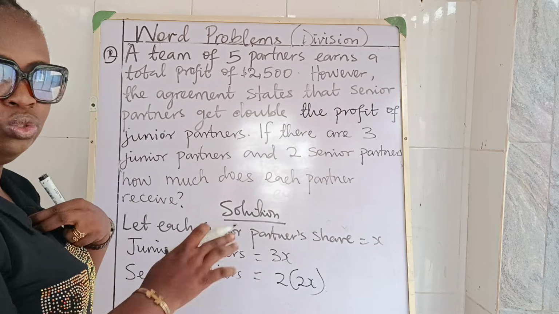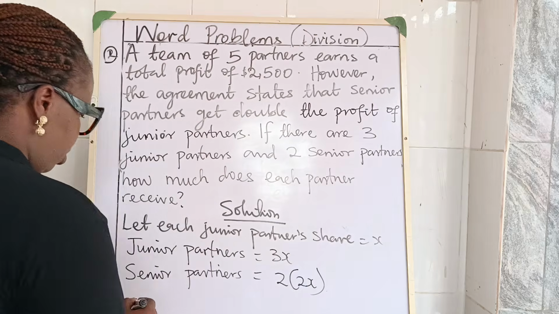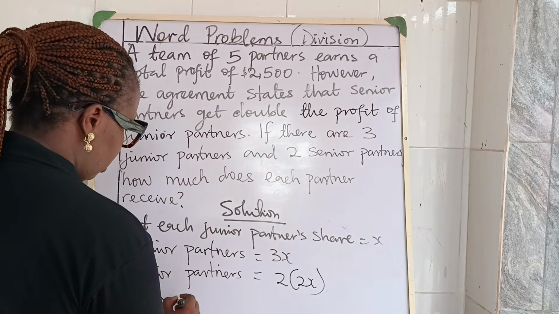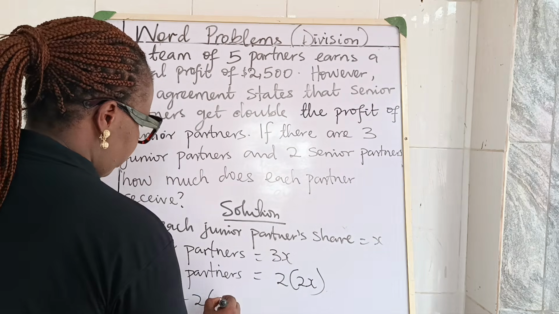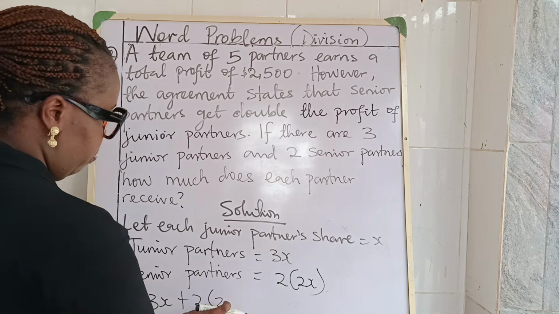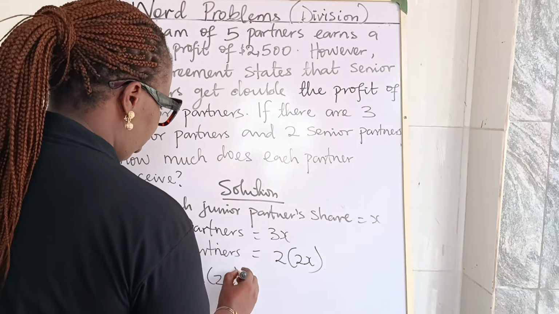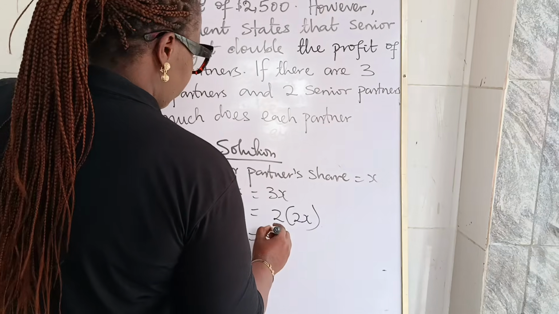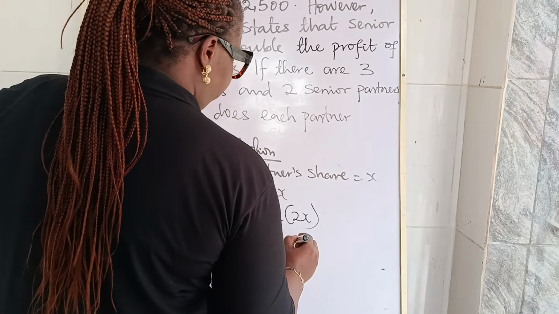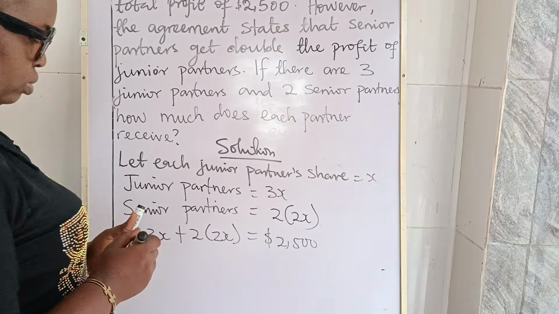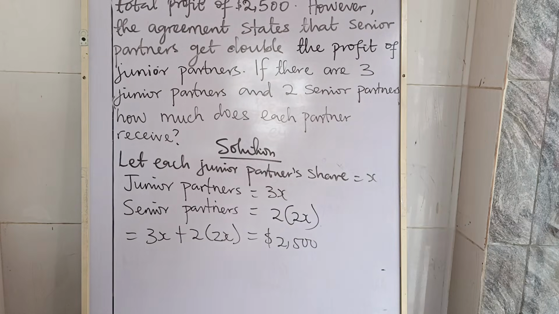So now we are going to add this together to divide with this money. We are going to have 3x plus 2 times 2x, junior partners plus senior partners money, will give us $2,500. Are we there?